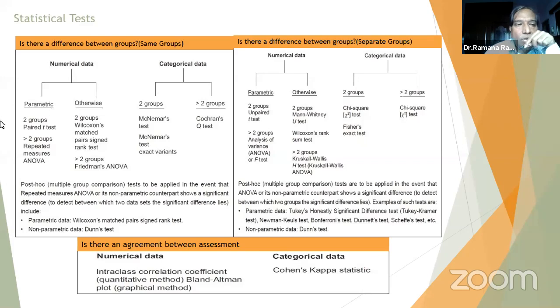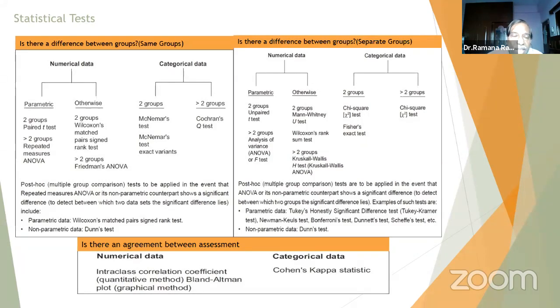That you do with the t-test. If you have more than two or three sets, you do a test called ANOVA. These are all required to carry out the test so that we can defend our hypothesis. That is the purpose of it.